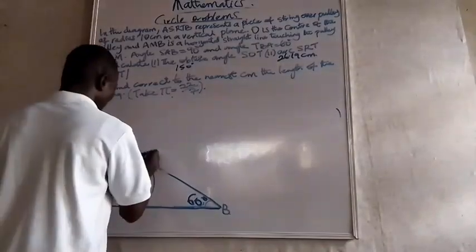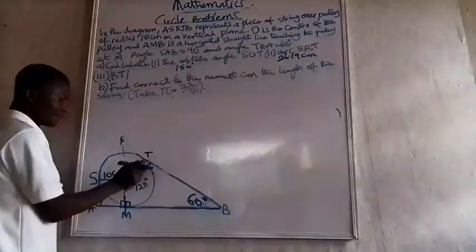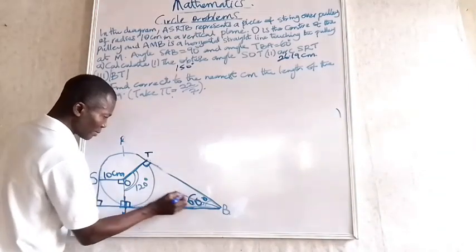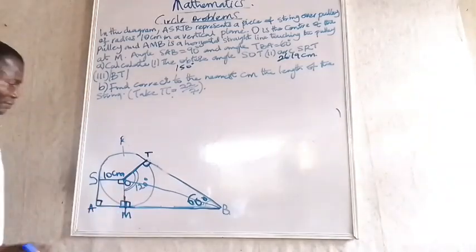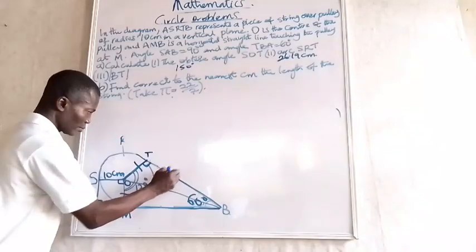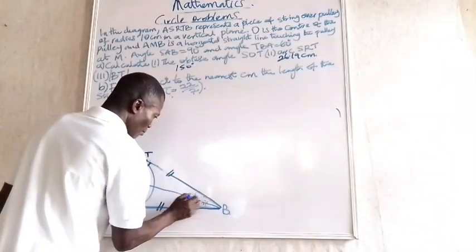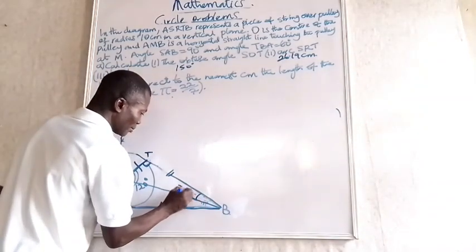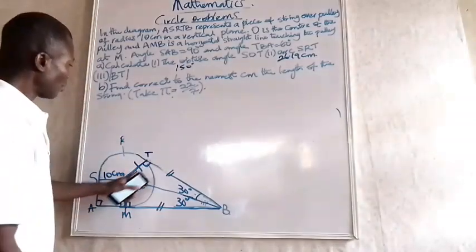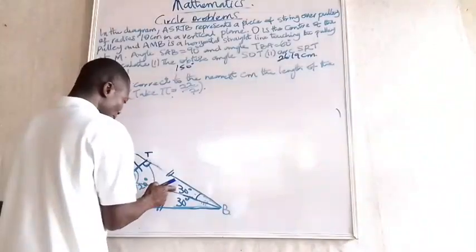Now to find BT, it's very simple. We have the right angle here, the angle between the tangent and the radius, and then we have another one here. By the time we draw a line from this place, we are going to have two congruent angles, this one and this one. So automatically, this angle here will be bisected. We noted this in our theorem. And this one too will be bisected, this one too will be 30. So for us to find TB, this place we have 10, this place we have 30 degrees.